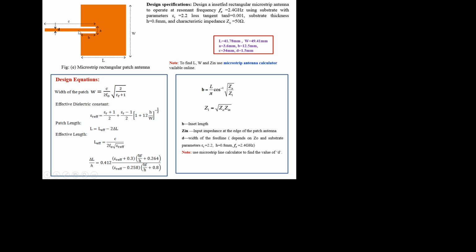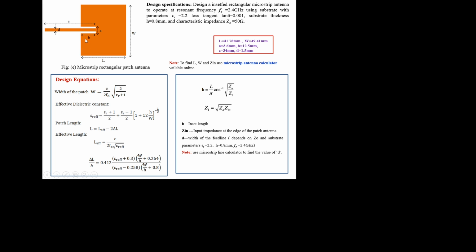So this feed line must be inserted such that, as we saw, impedance is maximum here and impedance is minimum at the center, but somewhere here the impedance is equal to 50 ohm. It is minimum at the center, maximum at the edges, but somewhere here the impedance is 50 ohm.